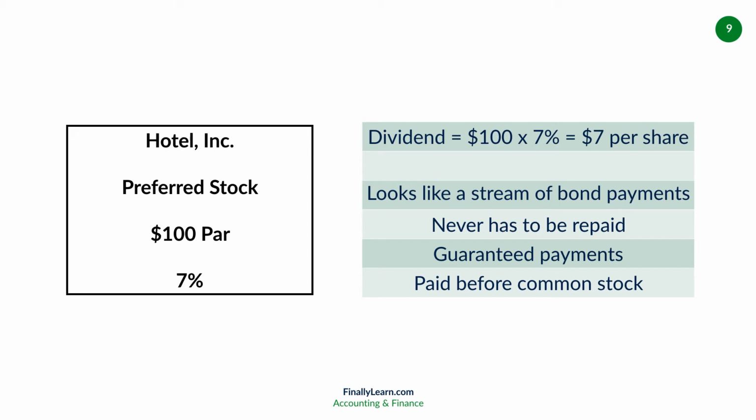So it looks like guaranteed payments that never have to be repaid, a lot like a stream of bond payments. Now this is paid before we pay any common stockholders, so this is why it's called preferred stock. It is priced like a bond in terms of just a stream of payments, never-ending $7 payments.